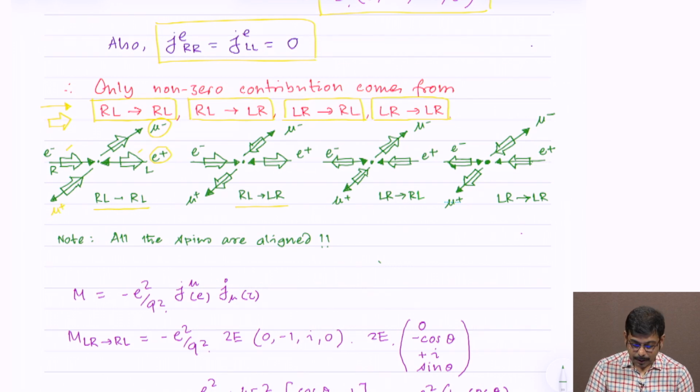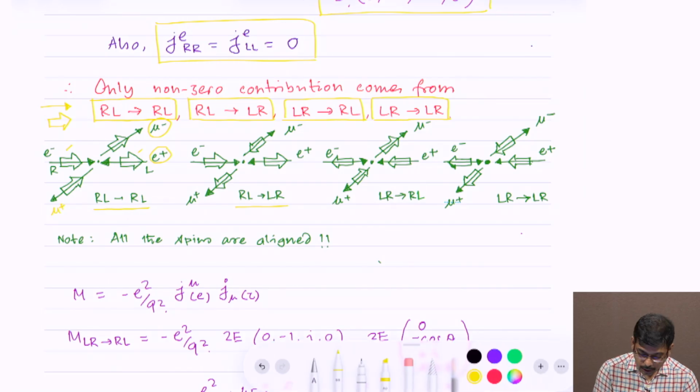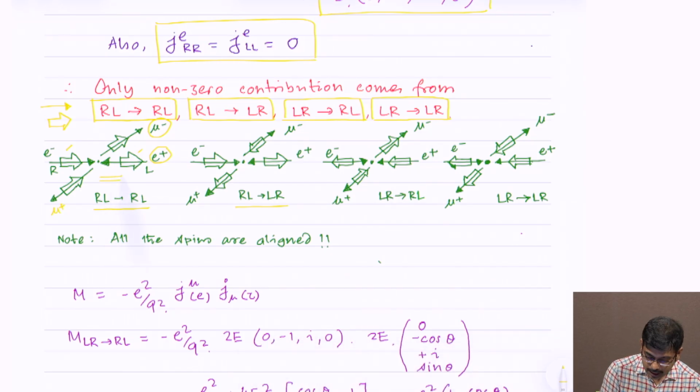The initial state spins are going towards this direction, and this one is going this direction, right? Here this is the initial spin, and then this is going in this direction. Here this spin is going along this direction, and this is going along this direction.